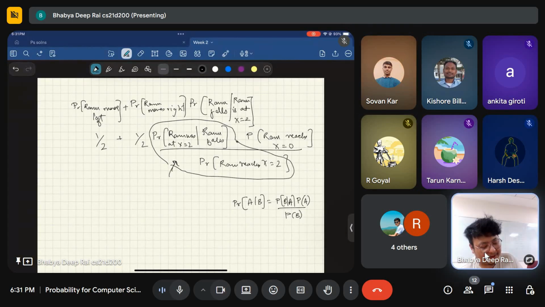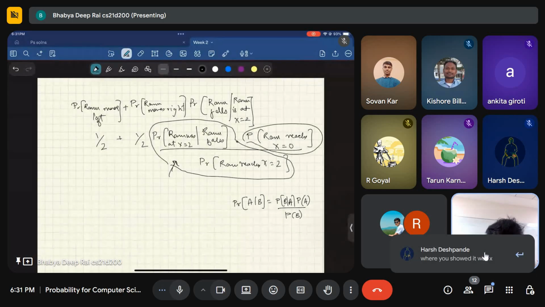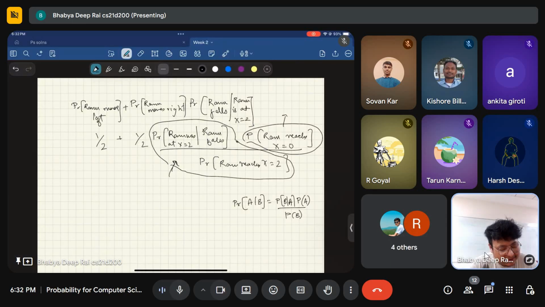This part should be what we started with, no? Otherwise, we'll get two different answers. Because Ramu reaches x equals 0, this should be what we started with, no? I'm sorry, I did not get what you said.